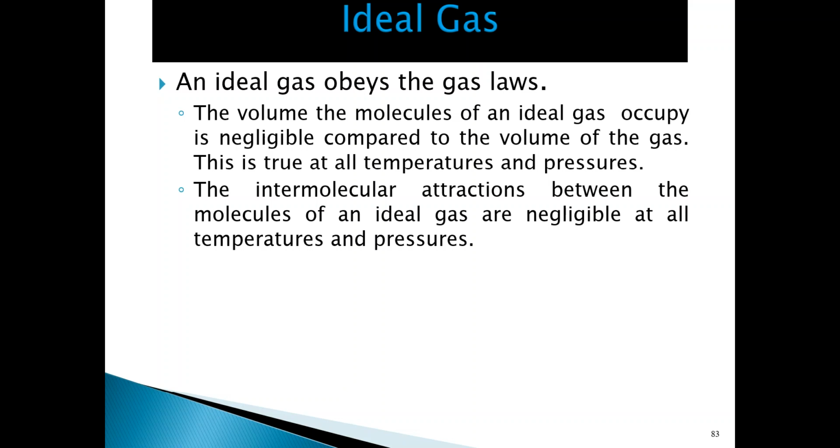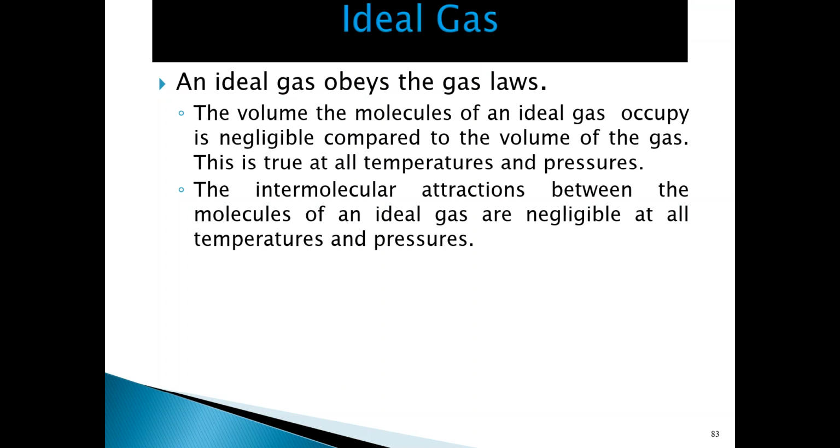But if you want to look at it at the microscopic level in terms of how the particles behave, there are two main characteristics of ideal gases. One is that the size or volume of the particles is effectively zero compared to the volume of the entire gas. All right? So that's one characteristic of an ideal gas.